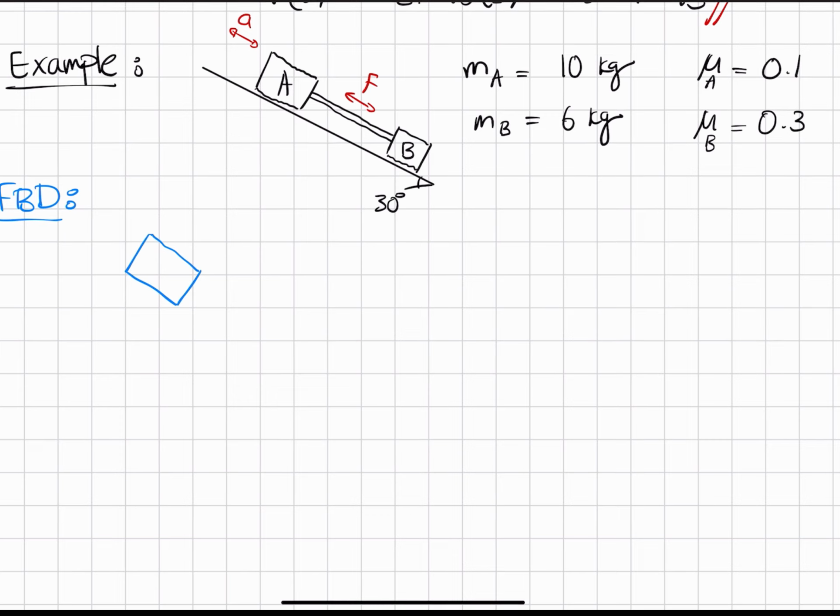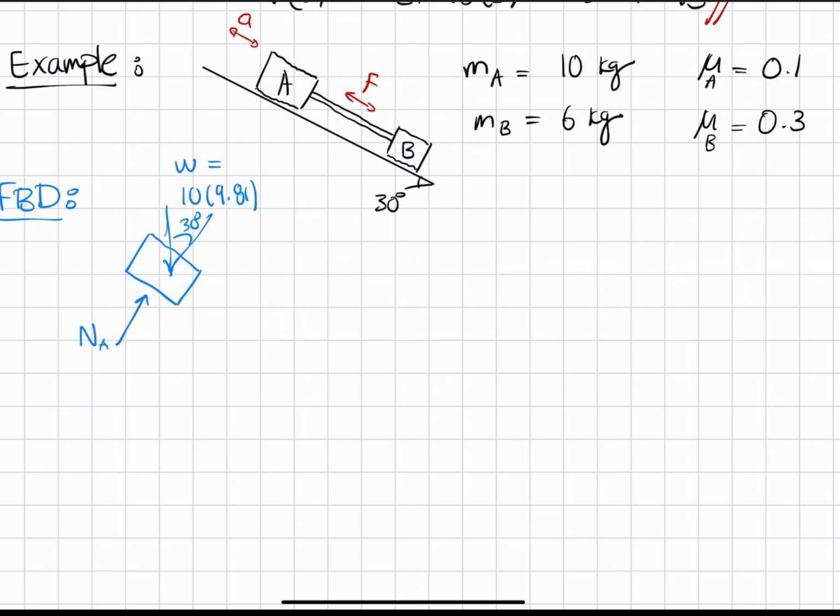It's the weight. We have 10 kilograms times 9.81. So that's W. W is applied at an angle of 30 degrees. So that's important. The surface that the mass is sitting on is going to impose a normal force, right? Normal at A.